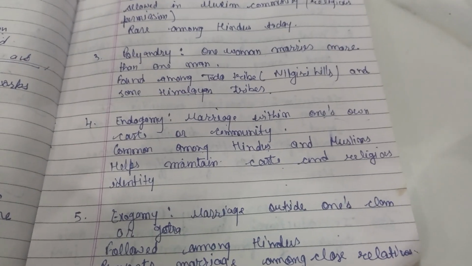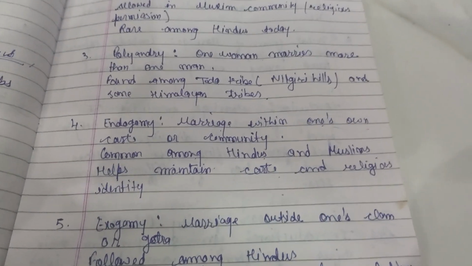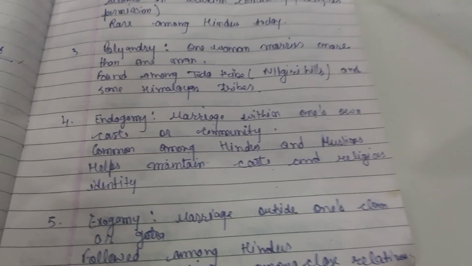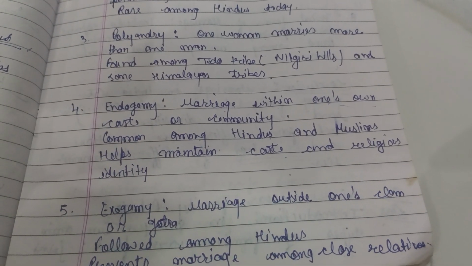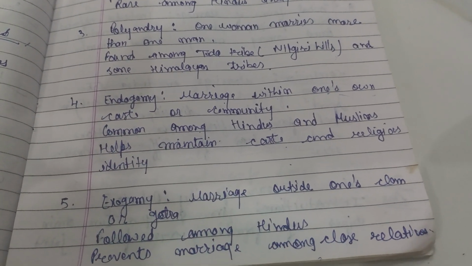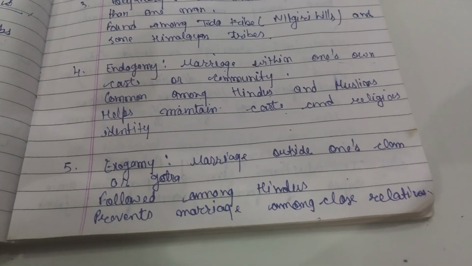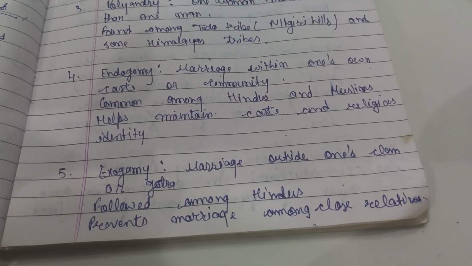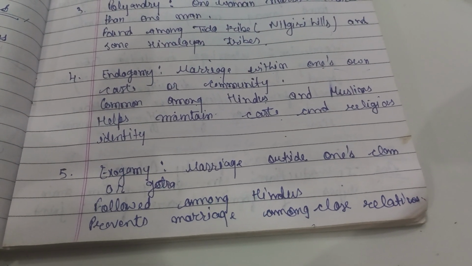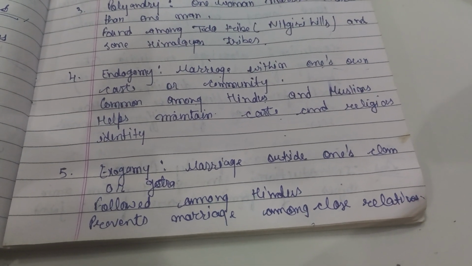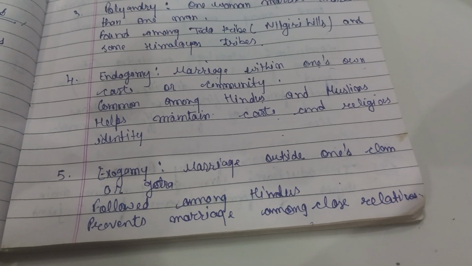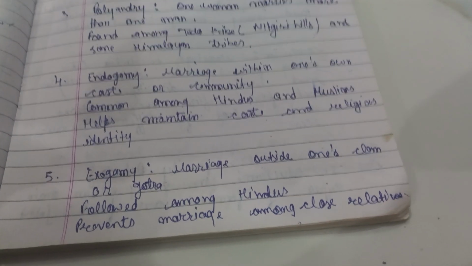Endogamy. Marriage within one's own caste or community, common among Hindus and Muslims, helps maintain caste and religious identity. Exogamy. Marriage outside one's clan or gotra, followed among Hindus, prevents marriage among close relatives.